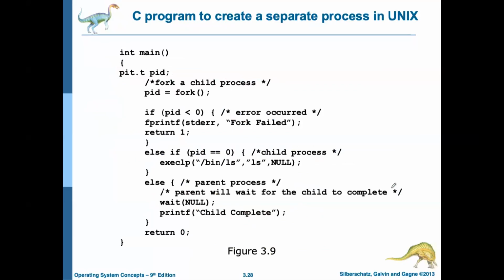This figure shows process creation using the fork system call. A program to create a separate process in Unix. I believe some of you have seen this, maybe in the introduction, this kind of code to understand how it works. This is a C program forking a separate process.